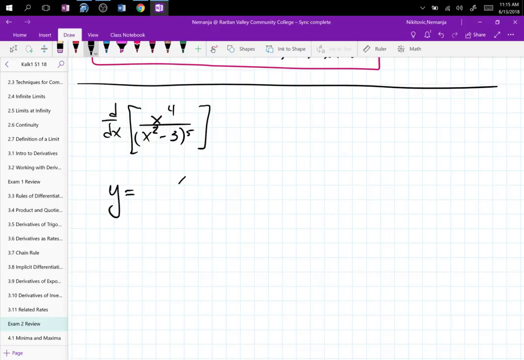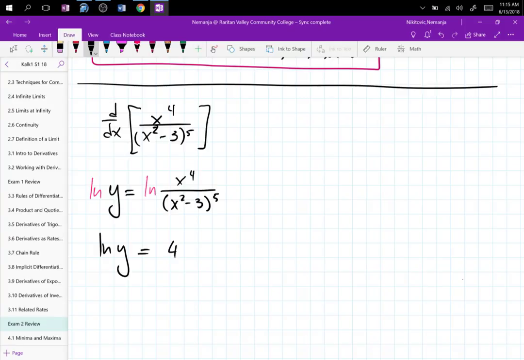Y is equal to x to the fourth, we leave some space, x squared minus 3 to the fifth, and then we put in ln on both sides. Now, the left-hand side is ln y, the right-hand side needs expanding.